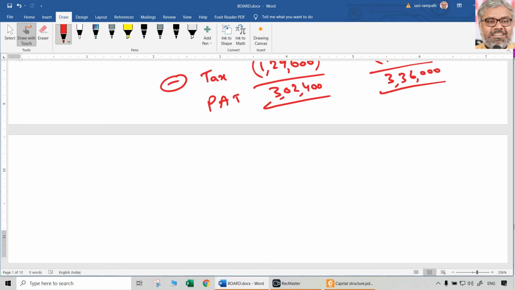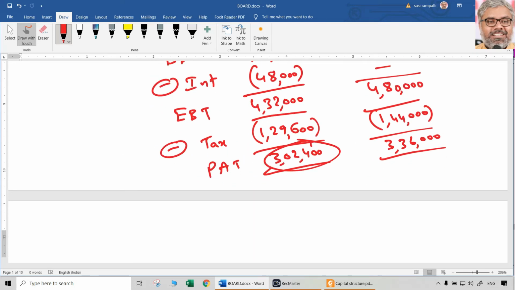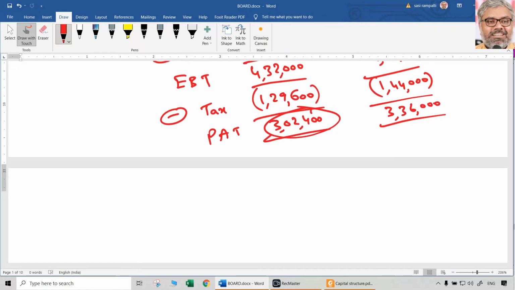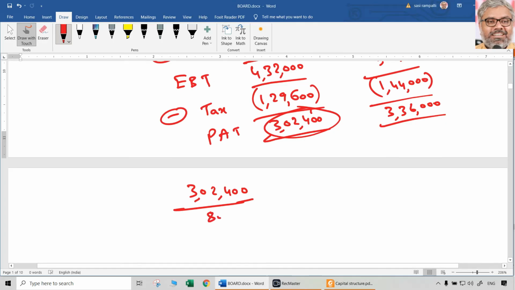Now, as far as Plan A is concerned, same 3,02,400 will be the earnings available to equity shareholders because there is no preference dividend. So, earnings available to equity shareholders 3,02,400 divided by number of equity shares. Number of equity shares is 80,000.